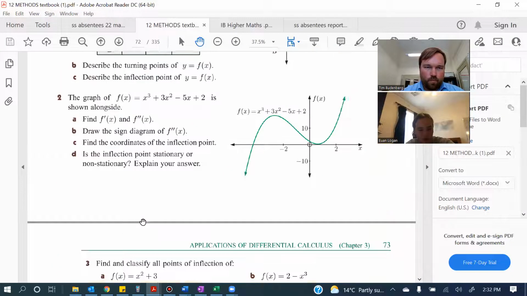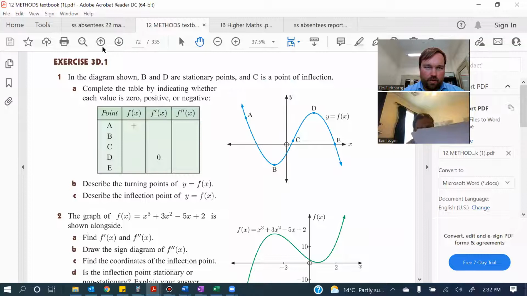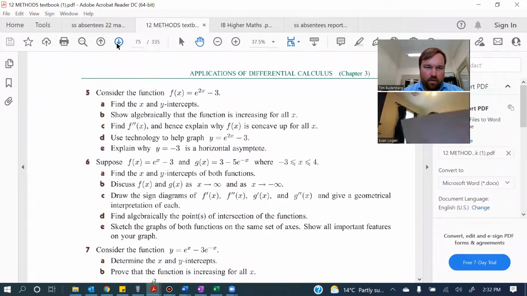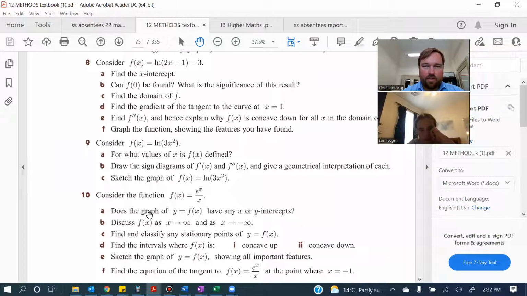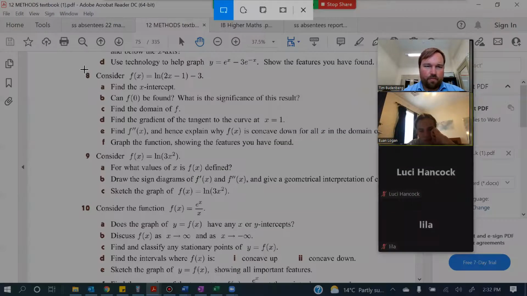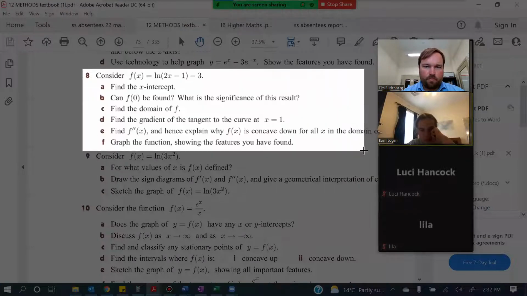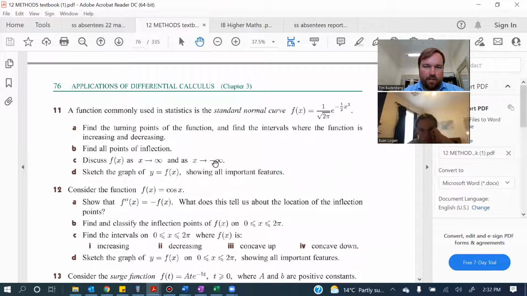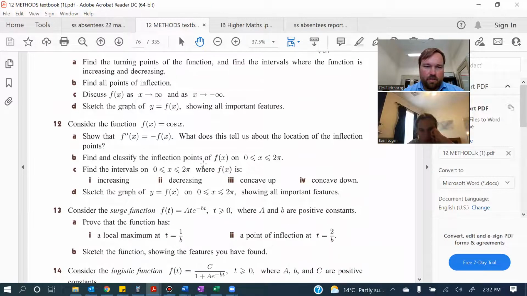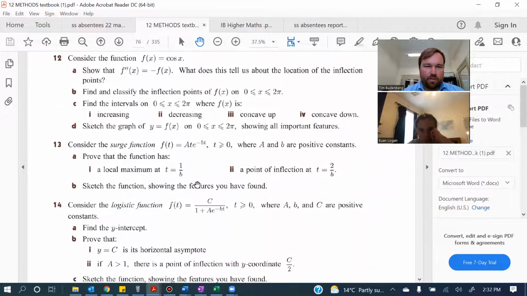And 12, 13, and 14 should be fine because they're the new ones that you just taught us. Well, I didn't teach you those bits, but it's the same algebra stuff.